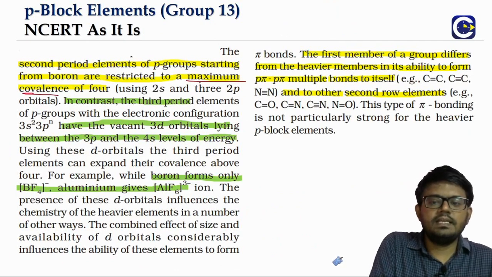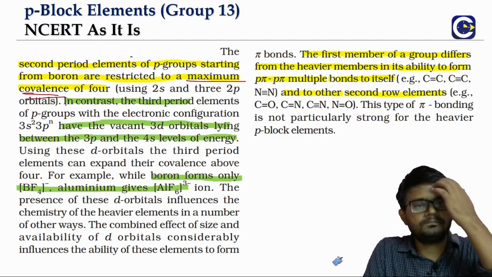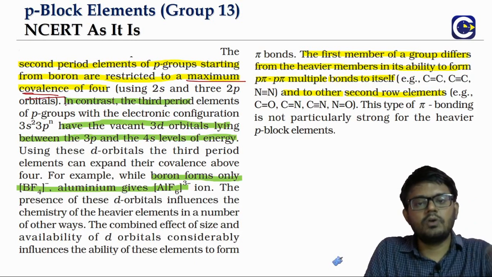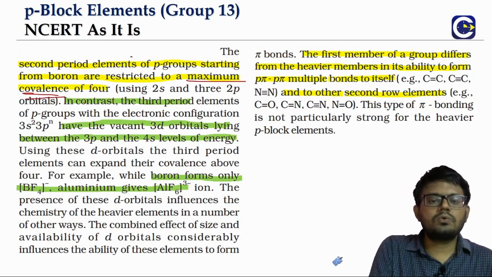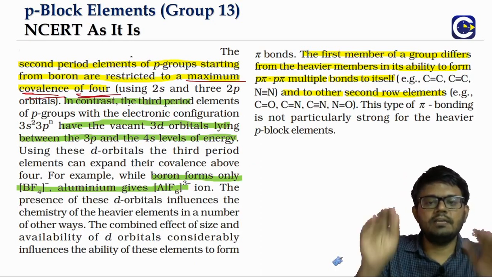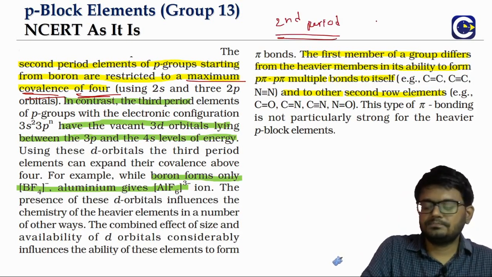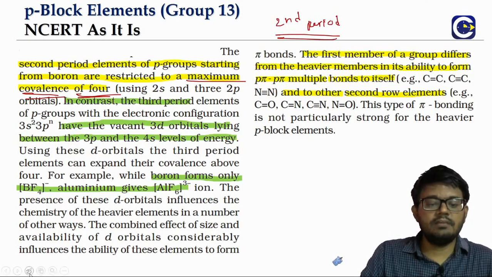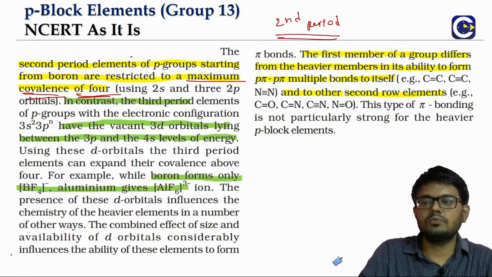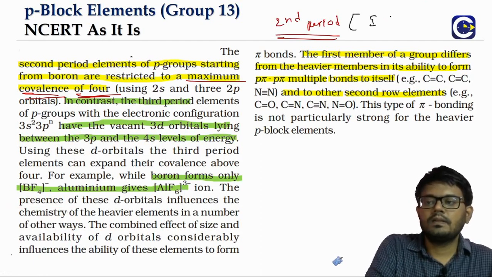Covalence is basically the number of atoms to which an element will be bonded. The maximum covalence of these elements which are in the second period, remember, these are the first elements of these groups.